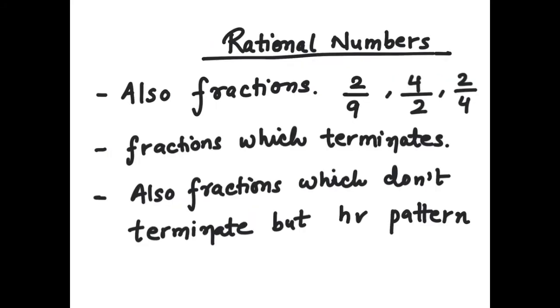So we can say rational numbers include all fractions like 2 over 9, 4 over 2, 2 over 4, fractions which terminate. Terminates means which finishes off, which gives you a definite decimal, and also fractions which don't terminate but have a pattern. Let's understand it.